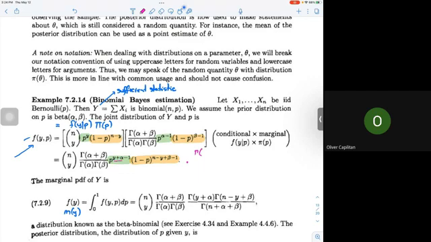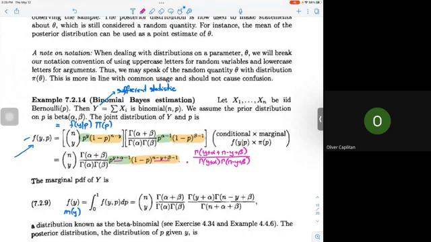Y plus alpha, and then we have n minus y plus beta. So we have here gamma of y plus alpha plus n minus y plus beta, divided by gamma of y plus alpha and gamma of n minus y plus beta.